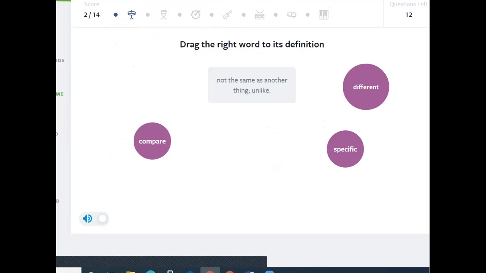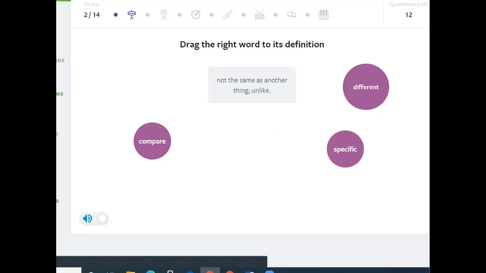Here's our symbol. Drag the right word to its definition. Not the same as another thing, unlike. That could be different, it could be specific, or it could be compared. Again, I'm going to go to my notes, look at the third column under definition, and find which word has the definition: not the same as another thing, unlike. Let's see.